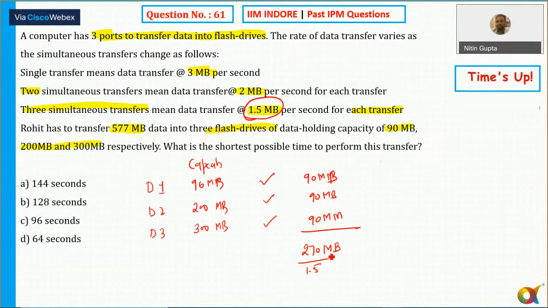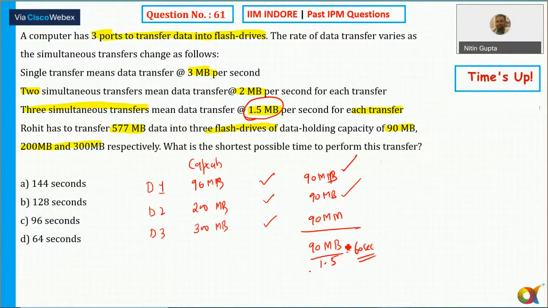But that's where people commit a mistake, like some of you did here. Remember that all the three are working together. So to transfer 90 MB, the time required will be 90 upon 1.5, which is equal to 60 seconds. It means at the end of 60 seconds, drive 1 is completely filled with 90 MB.